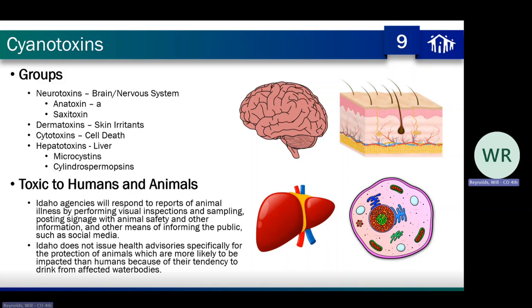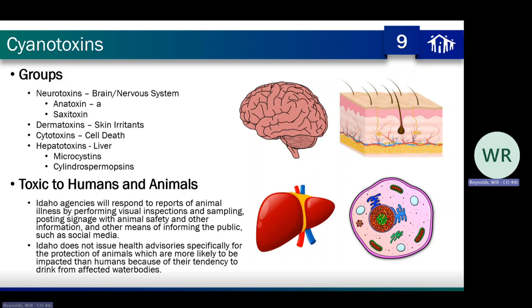Two examples of that would include anatoxin A and saxitoxin. These are both cyanotoxins. There are dermatoxins, which are skin irritants. There are cyanotoxins that are dermatoxins, so you would see skin irritation, blisters, rashes, things of that nature.